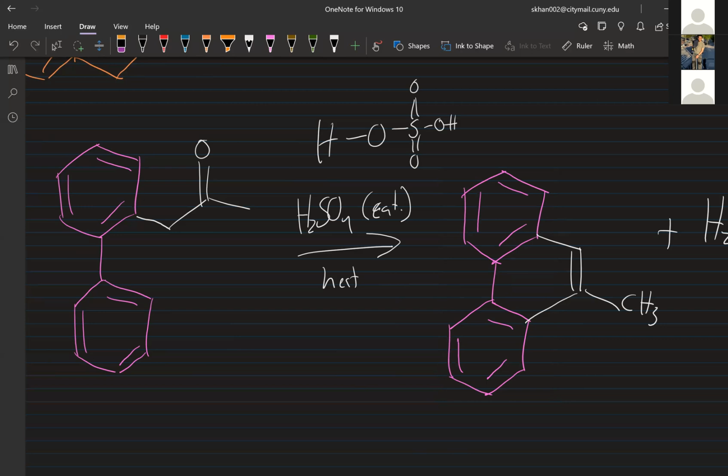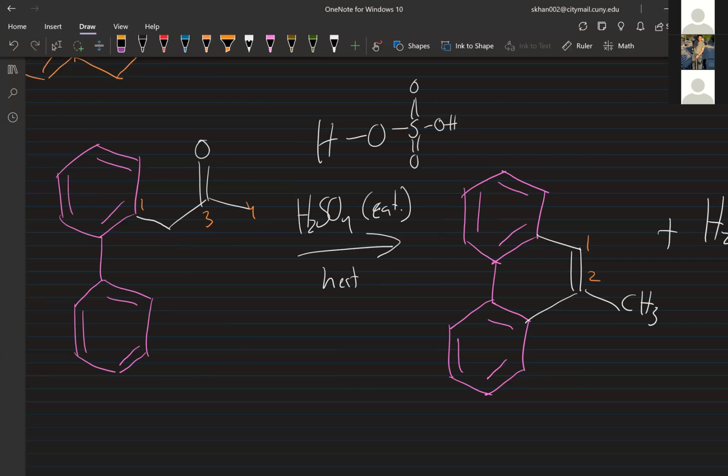We had this ketone group, and now we have a methyl group and an alkene, right? If we kind of tried to label and keep track of our carbons here, we could say this was 1, 2, 3, 4. Did I draw an extra carbon here? No, I didn't.